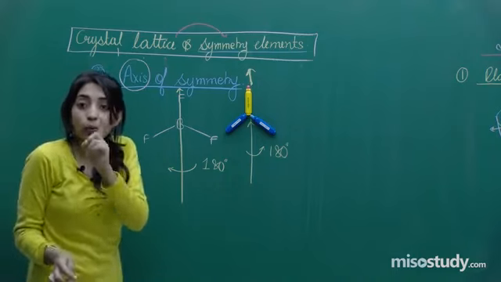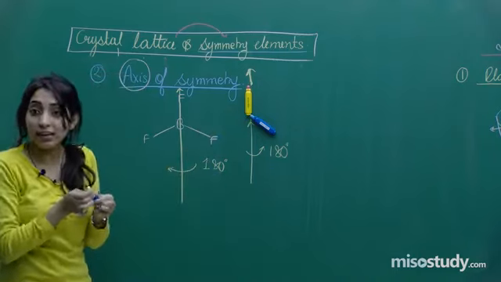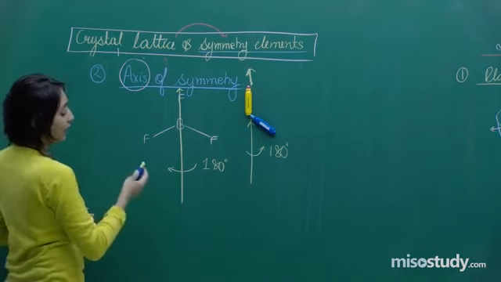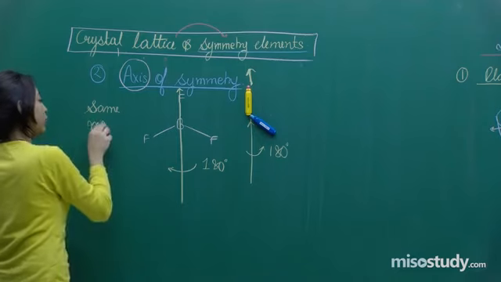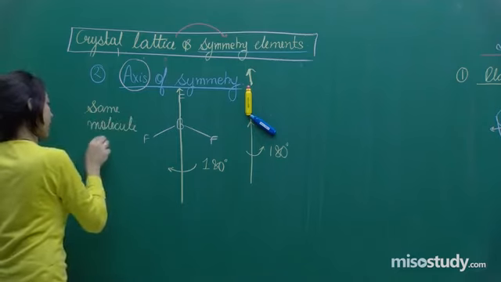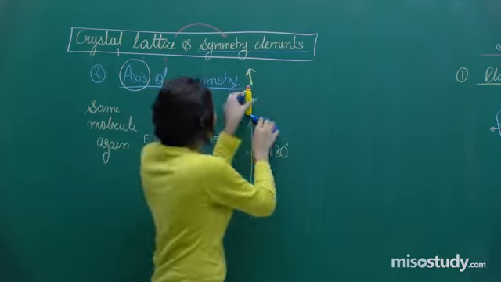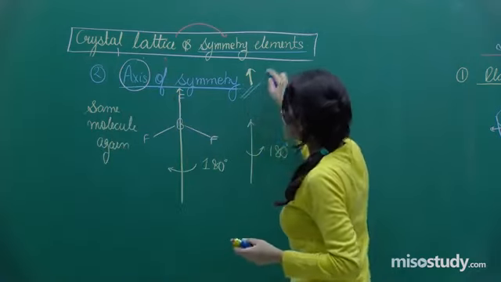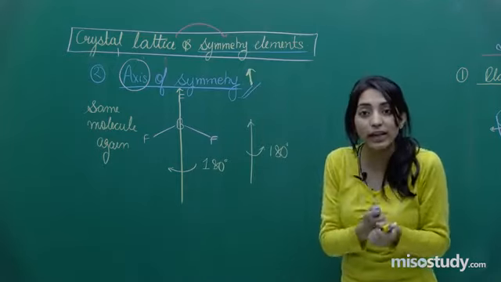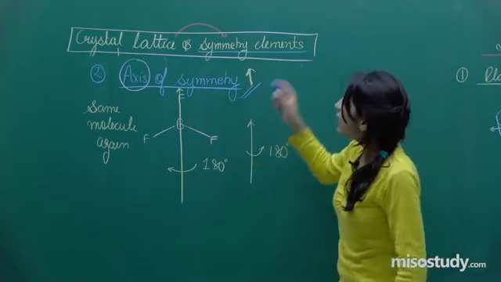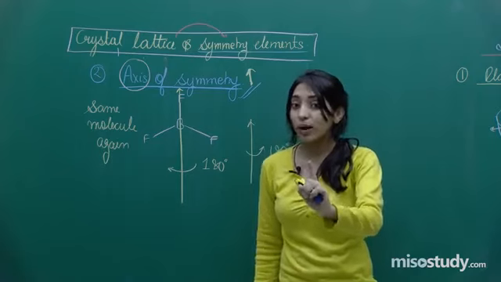So I have chosen one particular axis about which, if I rotate the molecule, we get exactly the same molecule again. Any axis present in the system about which, if you bring about the rotation, you finally get a similar structure, listen to my words carefully.